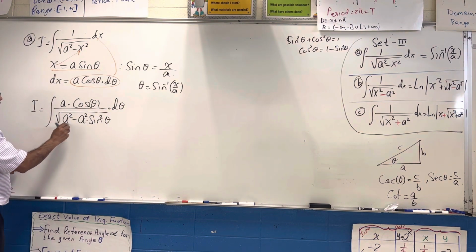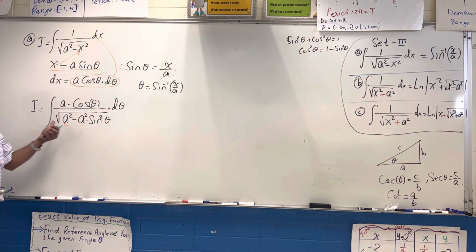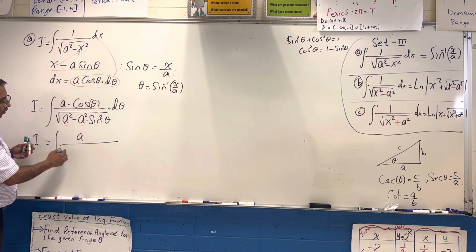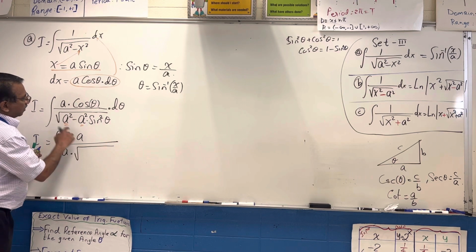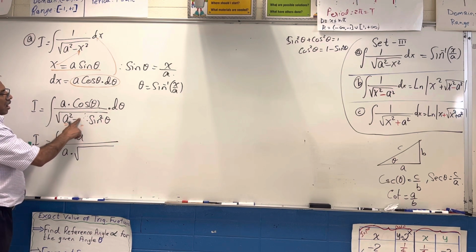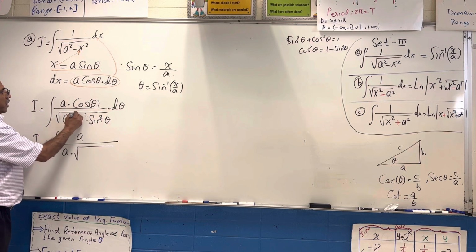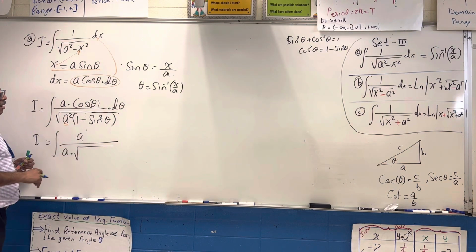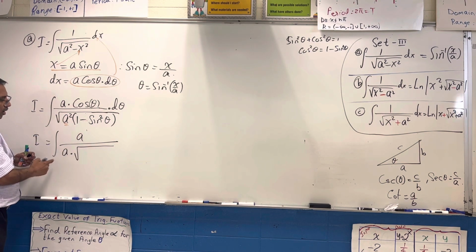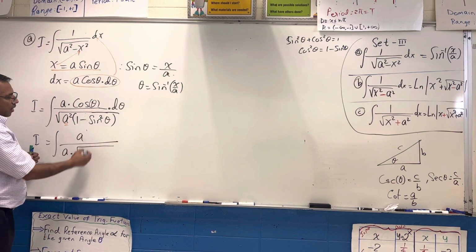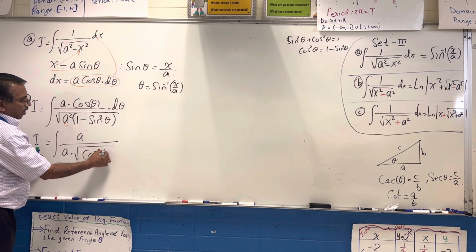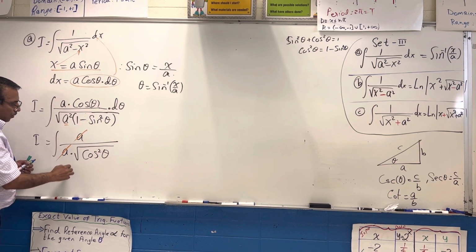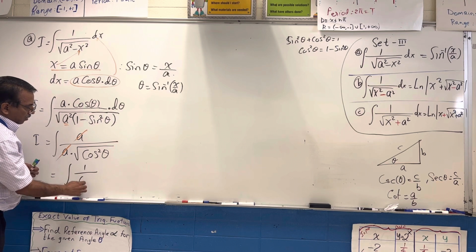Now you see a squared is common, so we pull it out. You undo the distributive property, and the square root of a squared is a. So 1 minus sine squared is cosine squared theta.